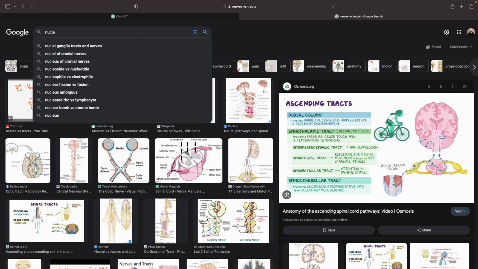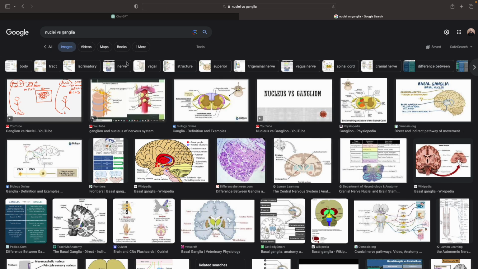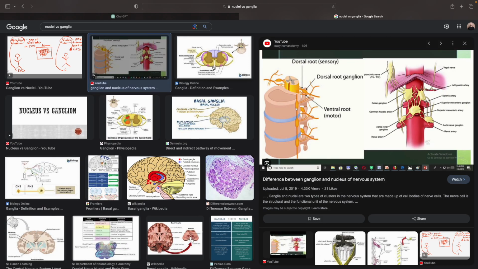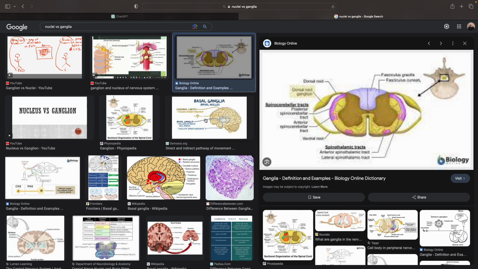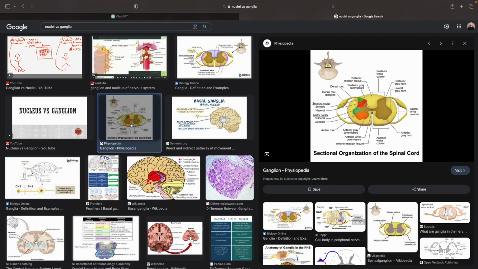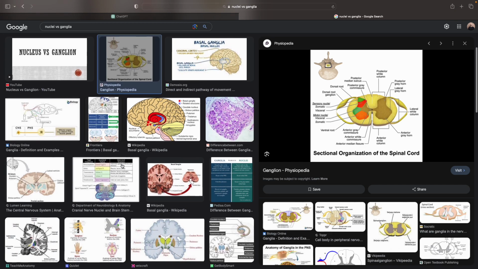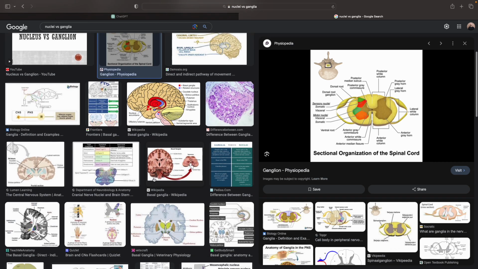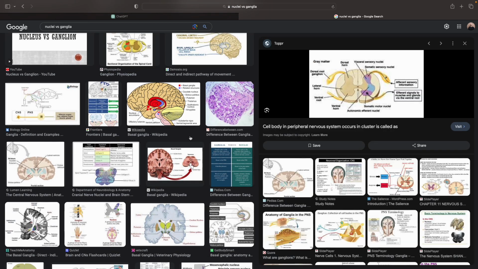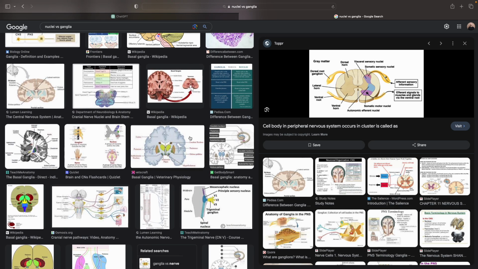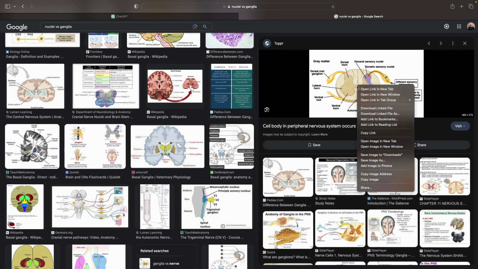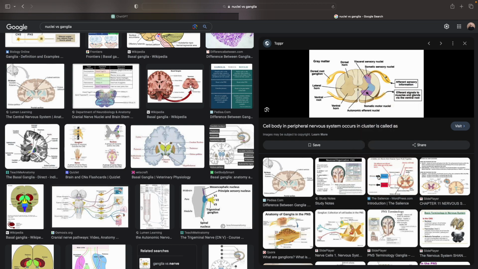Nuclei versus ganglia. Okay, visceral sensory nuclei, and we have the dorsal root ganglion. Okay. This should suffice for now.